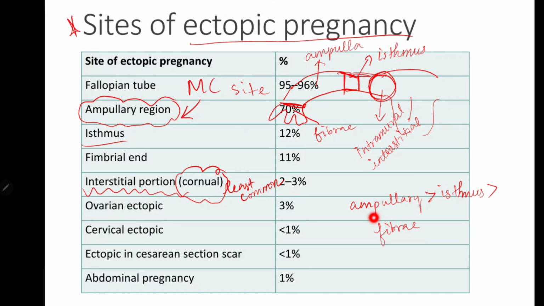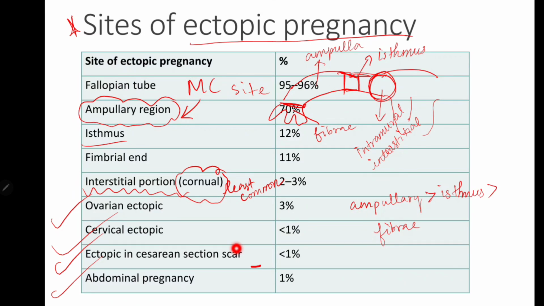Next, ovarian ectopic is rare. Cervical ectopic is more rare. Then ectopic in cesarean scar section and abdominal pregnancy. So what are the various sites of ectopic pregnancy? Let's talk in order. First is your fallopian tube. In the fallopian tube, ampullary is the most common. After ampullary, it is your isthmus. After isthmus is going to be your fimbrial end.